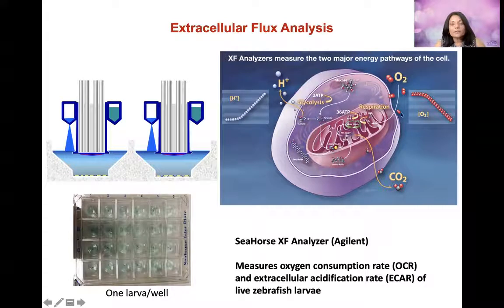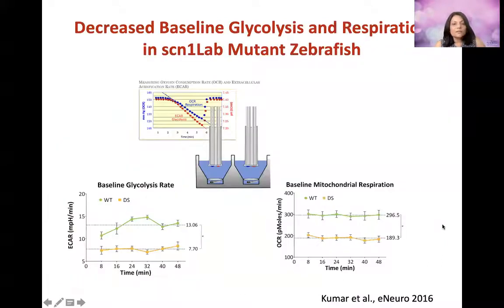And you can measure consumption of oxygen, which assesses the mitochondrial respiration. And interestingly, we can place the zebrafish, each larva per well, in a 24-well format, and change the media and subject these larval zebrafish to different substrates and inhibitors in a high or medium throughput manner to assess the extracellular flux.